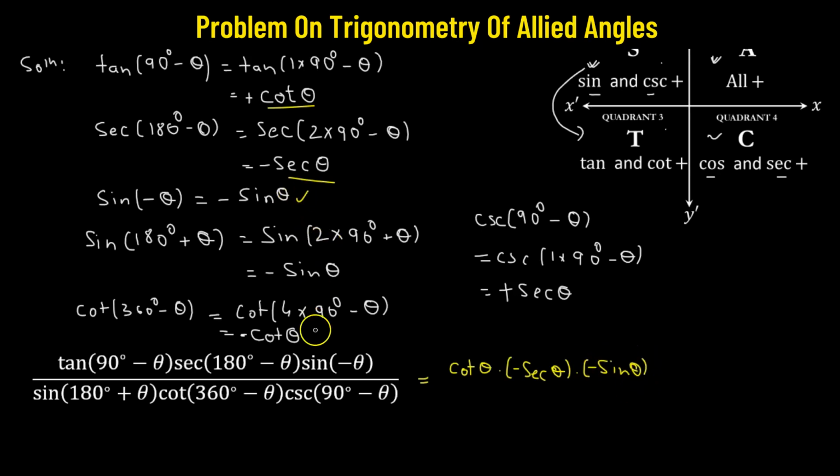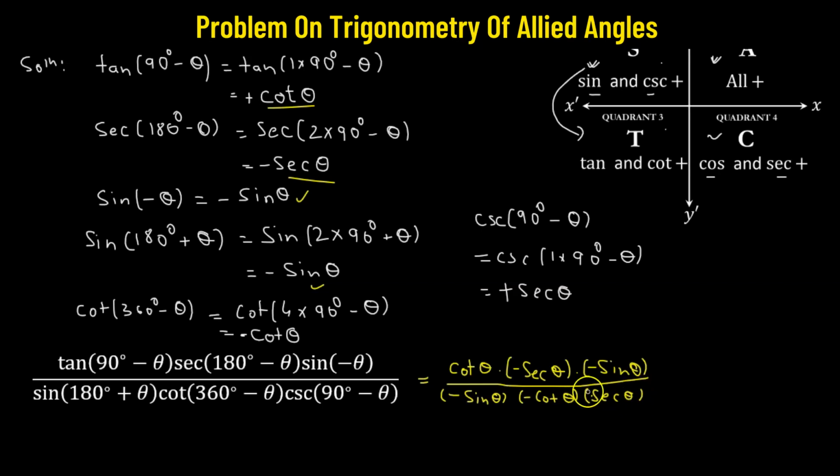So this is given here, and in the denominator we have sine 180 degree plus theta, which came out to be negative sine theta, multiplied to cotangent of 360 minus theta, so we have negative cotangent of theta. And finally, we have cosecant of 90 degree minus theta. So that came out as positive secant theta.